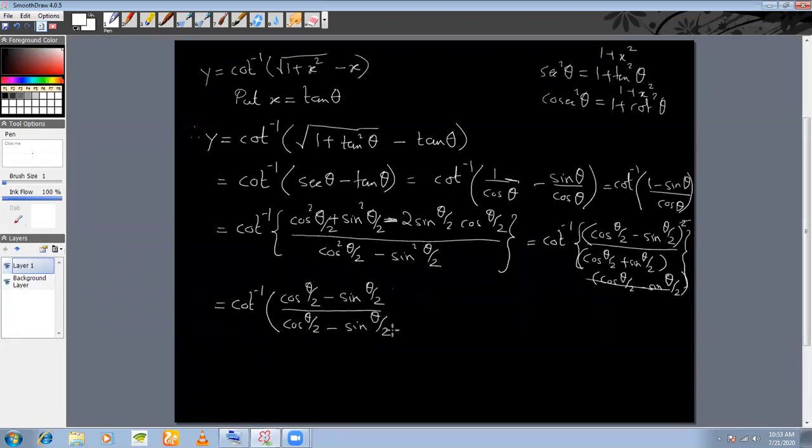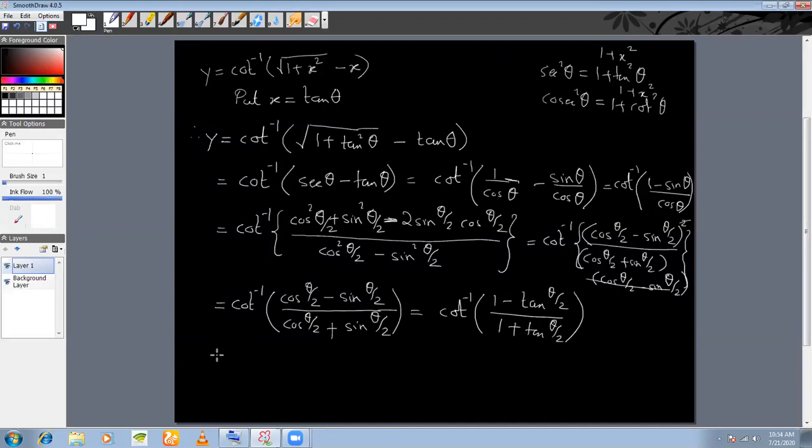Okay, so now what you do is you divide numerator and denominator by cos theta by 2. I'm doing it directly because I've shown this to you multiple times. 1 minus tan theta by 2 by 1 plus tan theta by 2.